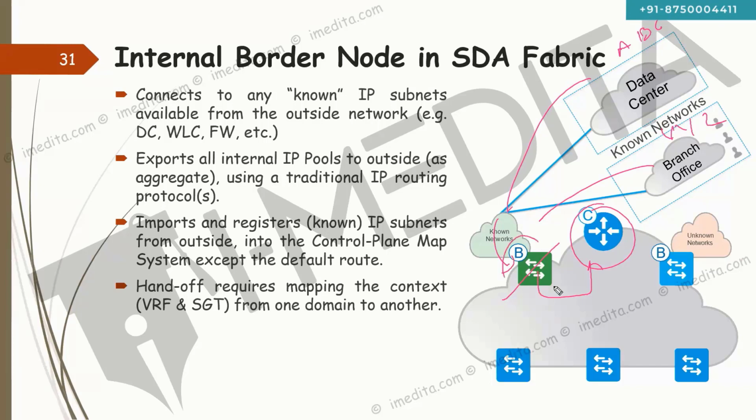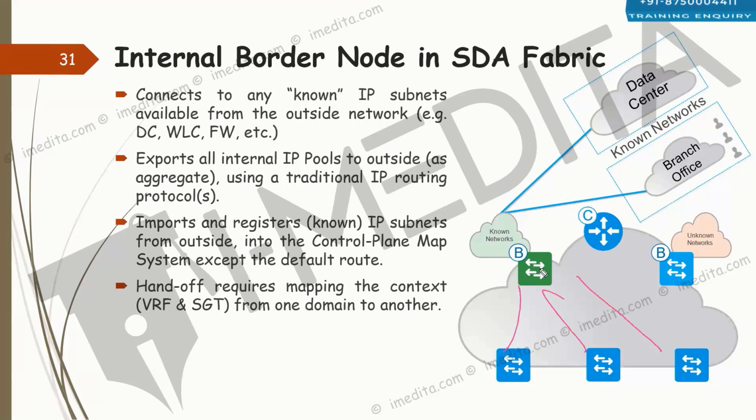I can configure this as the external border node even for our known external destinations. As long as that device can be used as the gateway of last resort, every traffic will reach this device, and this device already has that information, so the packet will still be forwarded, no problems at all.